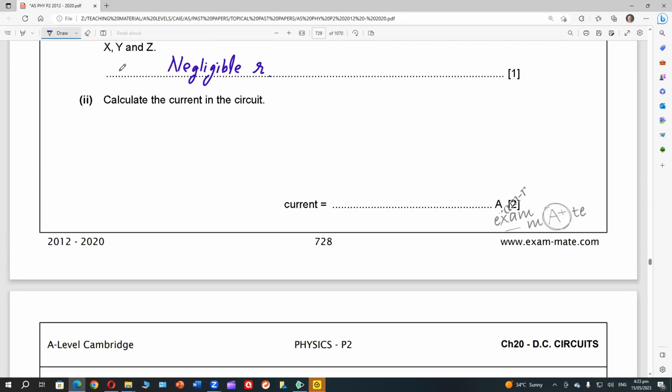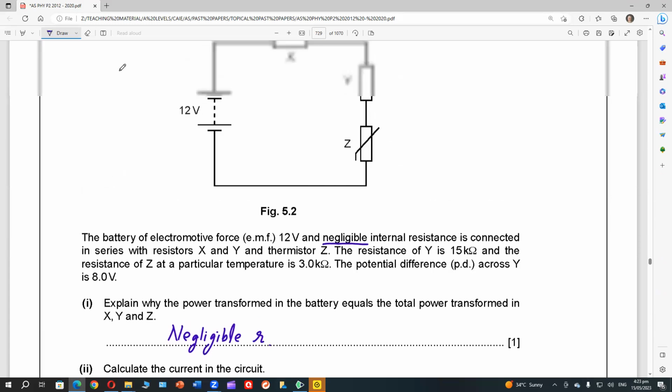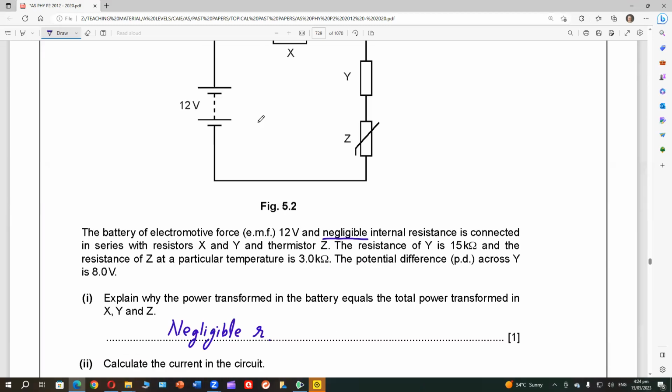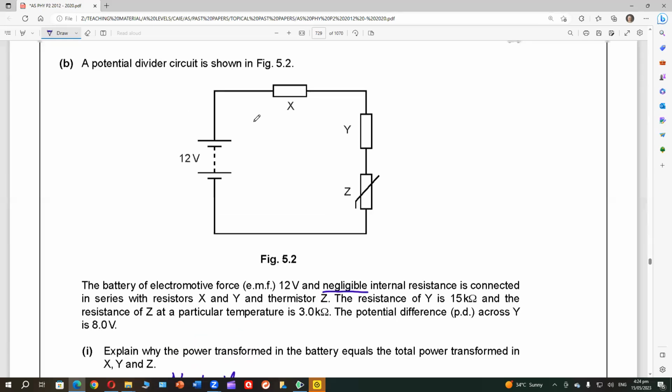Calculate the current in the circuit. The battery is 12 volt and the resistance of Y is 15, resistance of Z is 3.